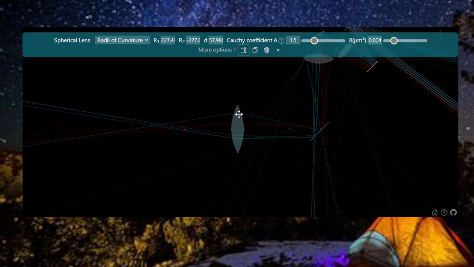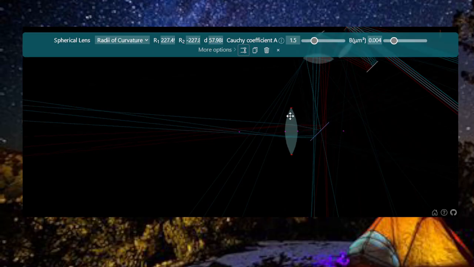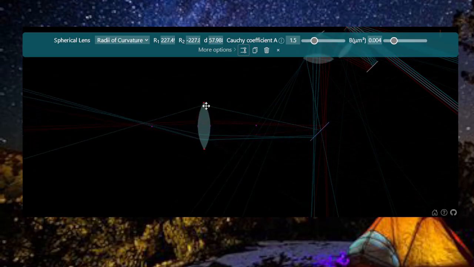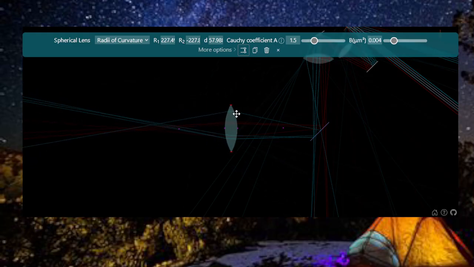I just don't like this at all. This is so messed up. You see the red? The red's going straight through, and the green is causing more aberration.